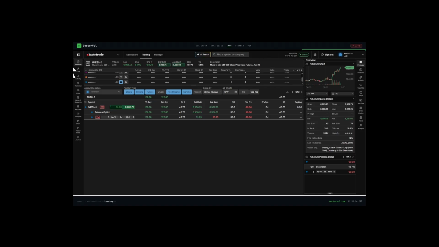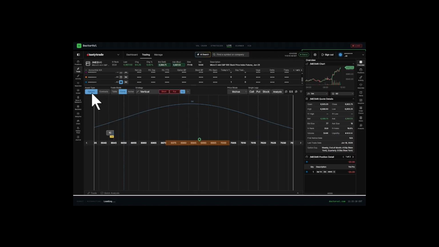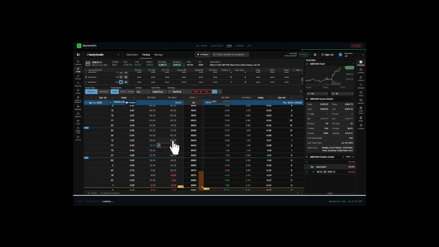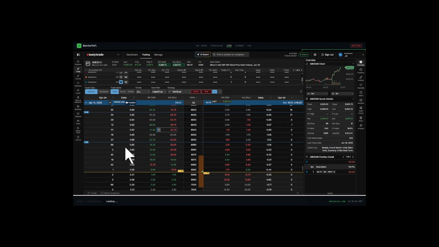Let's look at the chain just to give you a good view of what's really happening here. So we'll go to the table. We're going to go into the 0 DTE, that's April the 14th, and this is our position right here. You see open interest at 111. But you've got a very wide bid-ask spread here.